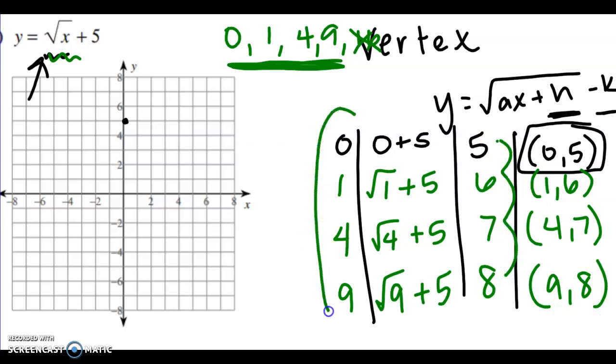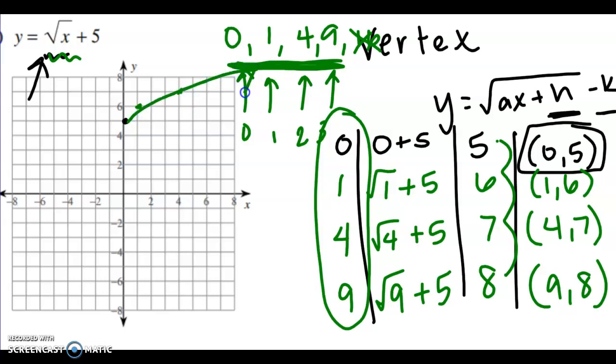As long as you're plugging in the perfect squares, because this is the square root of 0, this is the square root of 1, this is the square root of 2, this is the square root of 3, they're going up in a linear fashion. If I plug in 1, 6, that's next. If I plug in 4, 7, that's next. And if I plug in 9, it doesn't quite fit, but it's going to be over here, that's going to go up as well.